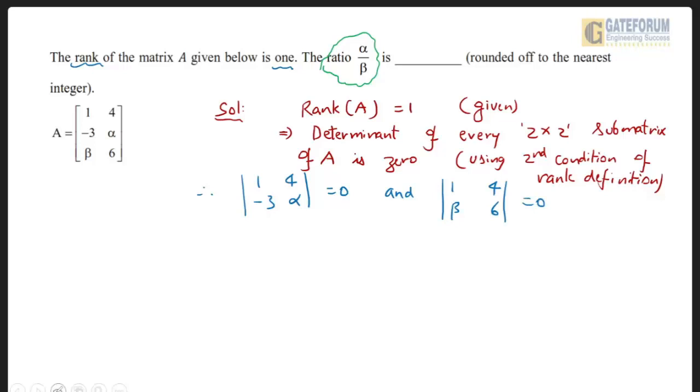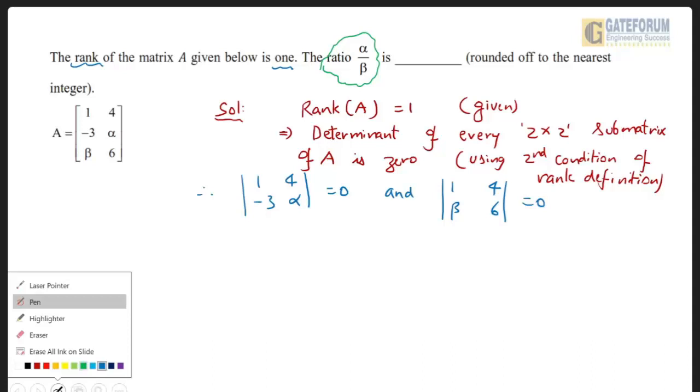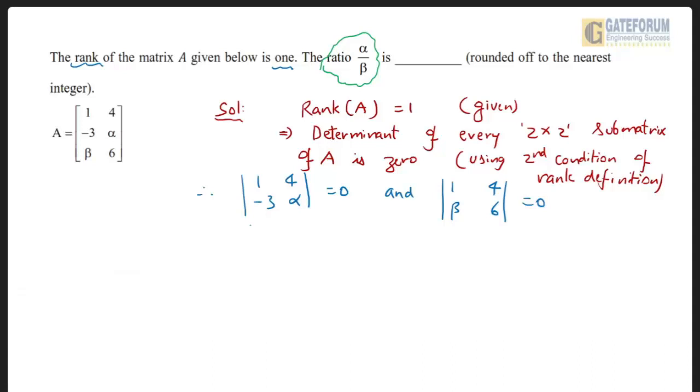This is a submatrix of A, and this is also a submatrix of A. Leaving the third row, the first submatrix; leaving the middle row, the second submatrix.